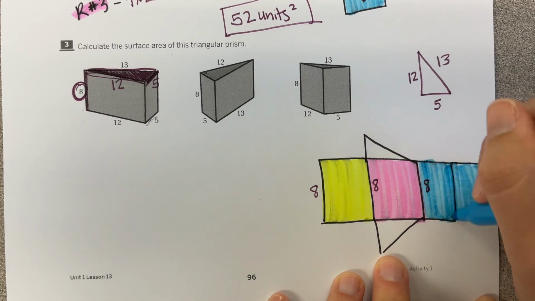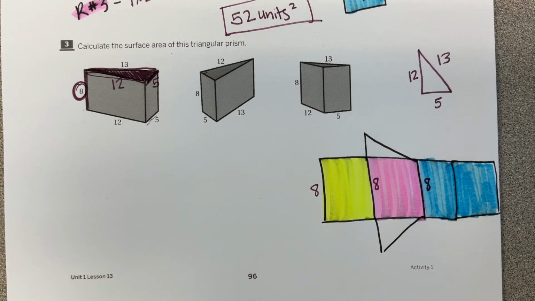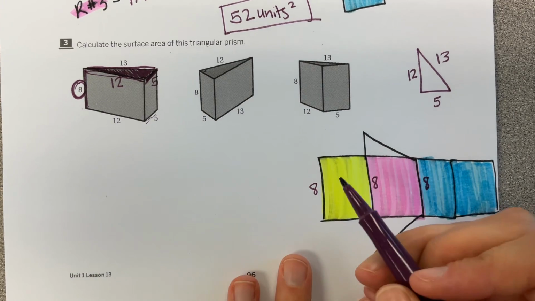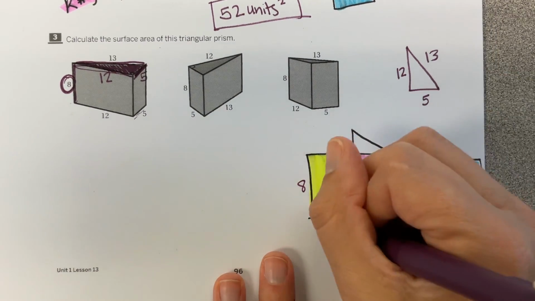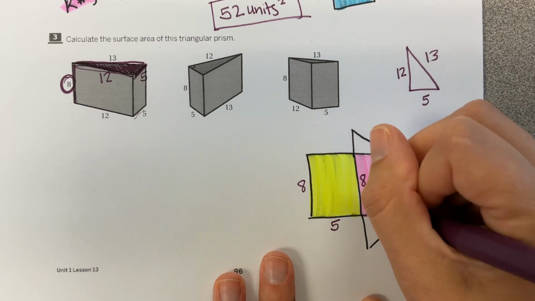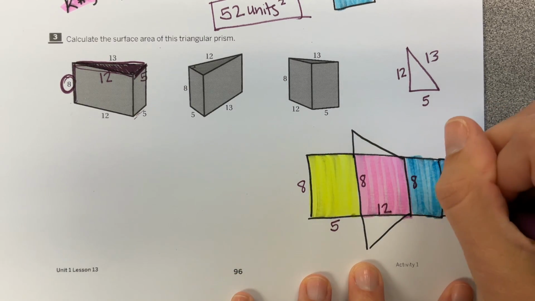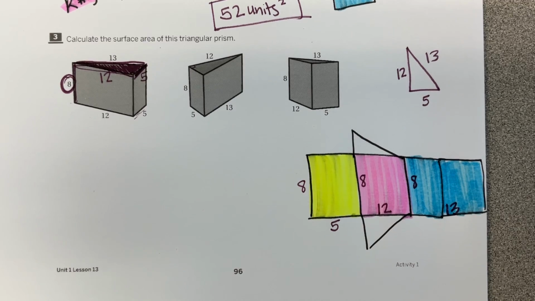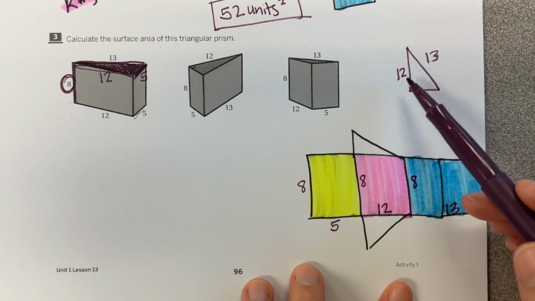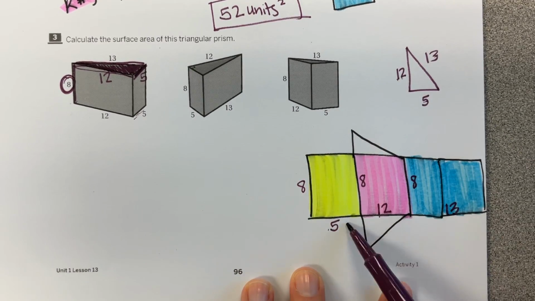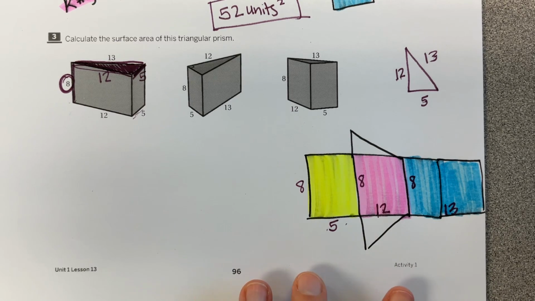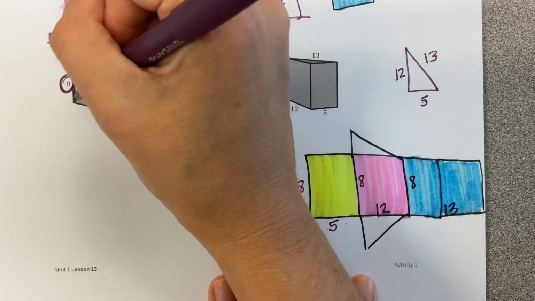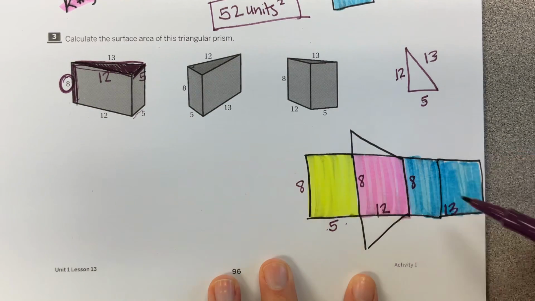So we're going to pretend this is all one rectangle. I'm going to fill in my small side of 5, my medium triangle side of 12, my large triangle side of 13. The 3 side lengths of the triangle are the 3 lengths of the rectangles. The other side is just the height.